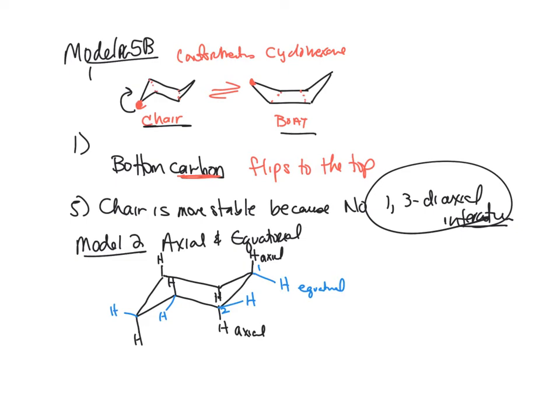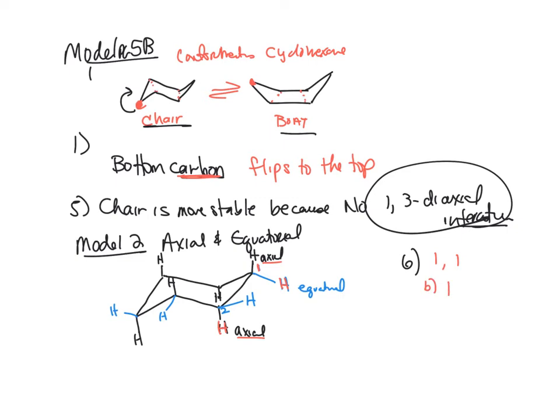So now let's answer our questions. Turning the page to page 60, let's look at question number 6. How many axial hydrogens are on carbon 1? So this is carbon 1. How many axial? 1. How many equatorial? 1. How many axial hydrogens are on carbon 2? Axial, 1.